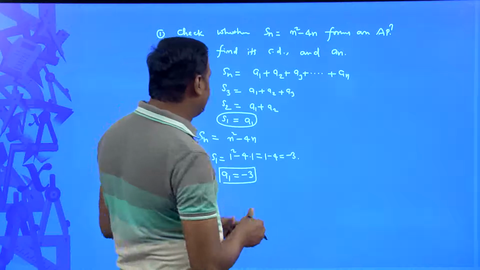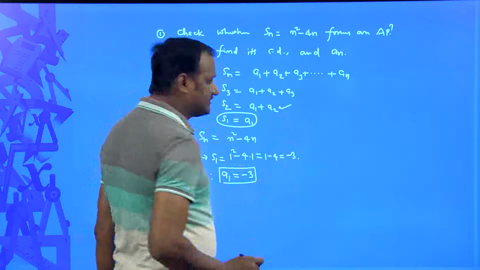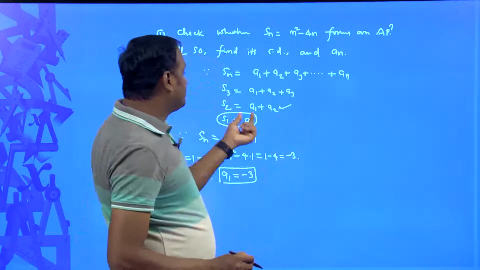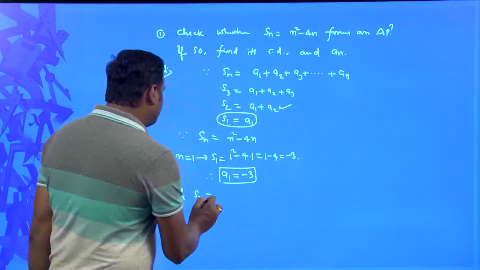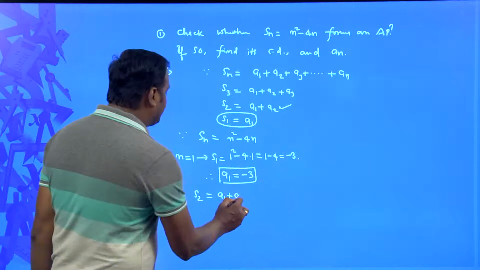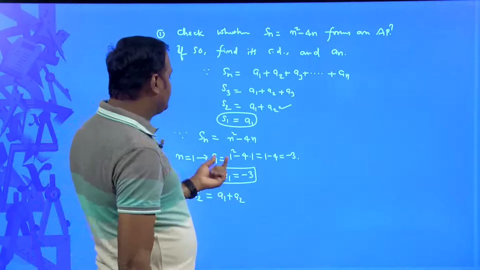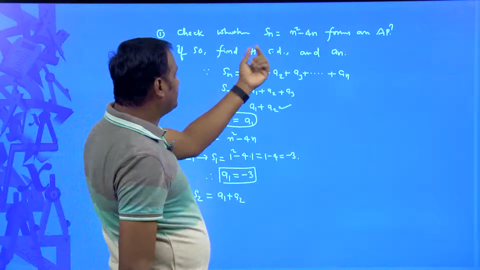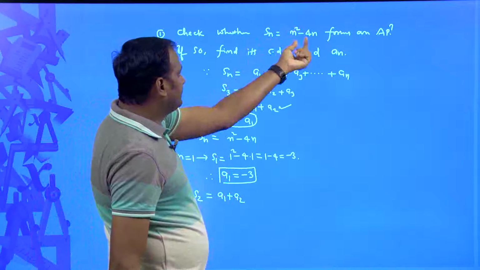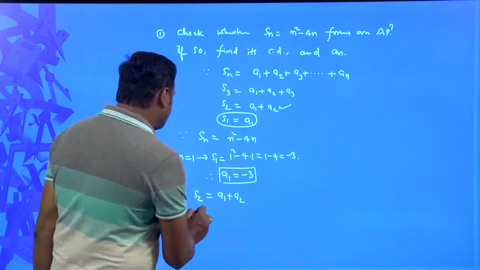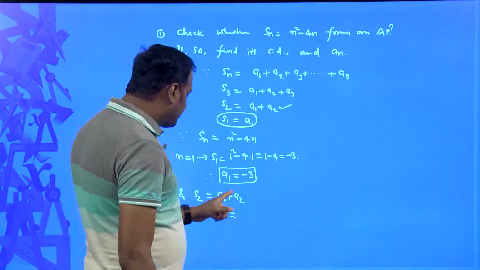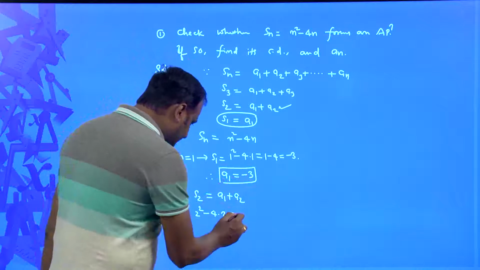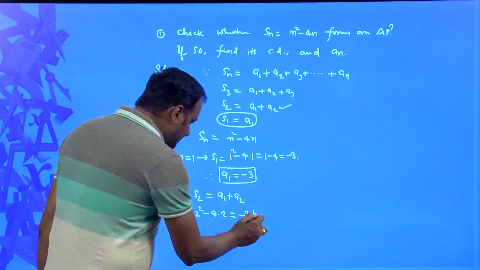To get the second term, I will go for this. S2 is equal to A1 plus A2. Again, S2 means substitute 2 in the place of n. 2 square minus 4 into 2 is equal to A1 plus A2. A1 is equal to minus 3 plus A2, I do not know.